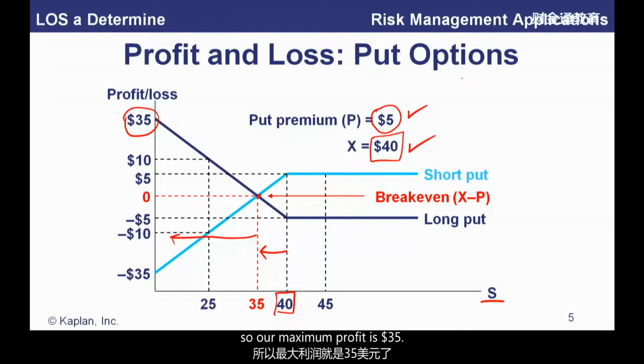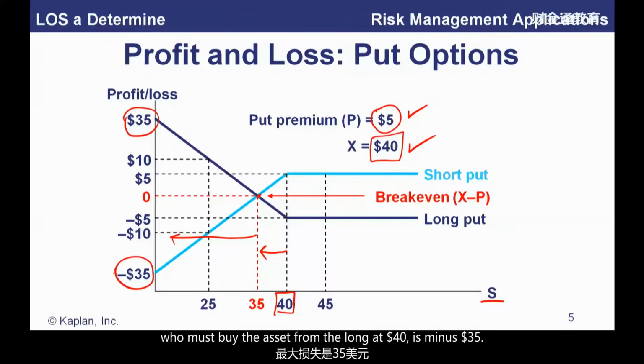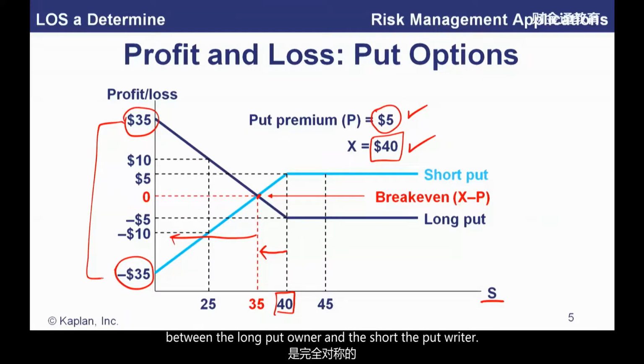So our maximum profit is 35. The maximum loss for the writer of the put, who must buy the asset from the long at 40, is minus 35. So again, it's perfectly symmetric between the long put owner and the short, the put writer.